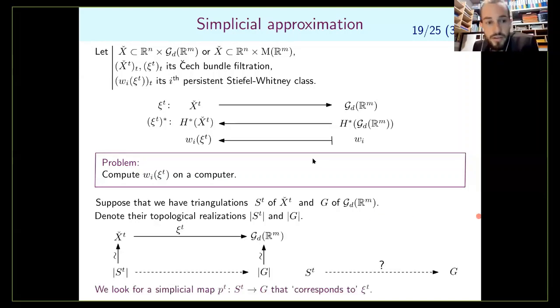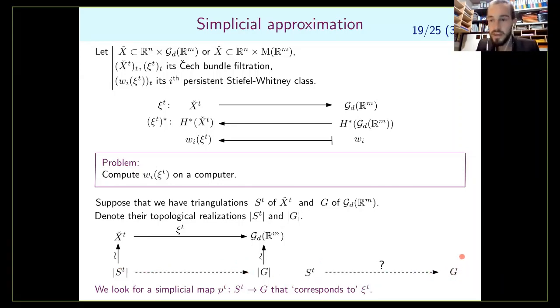But if we have triangulations of my two spaces, I can consider their topological realizations, and this map between my spaces can be pulled back as a map between topological realizations of the simplicial complexes. And I would like to find a simplicial map between simplicial complexes that would describe this map here.